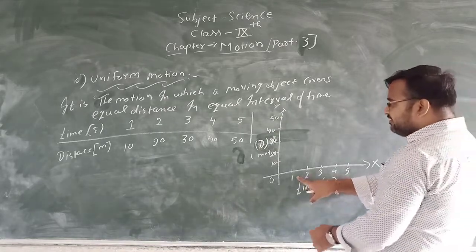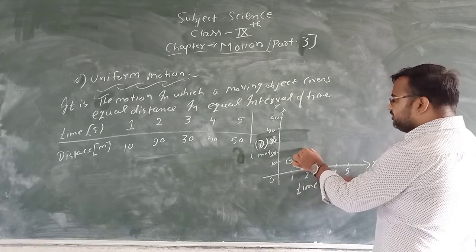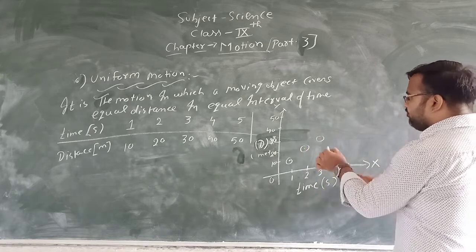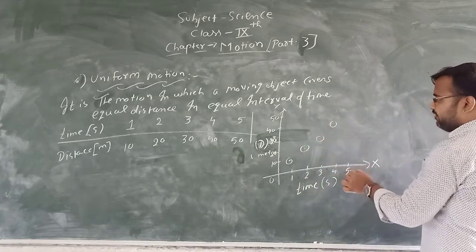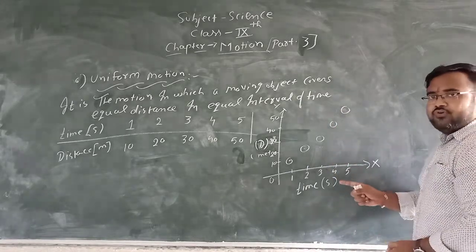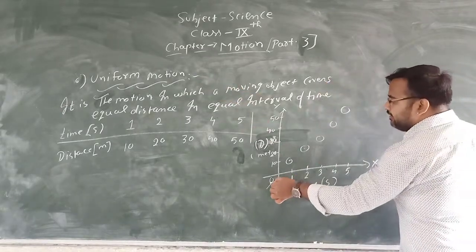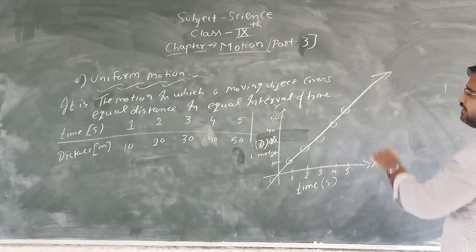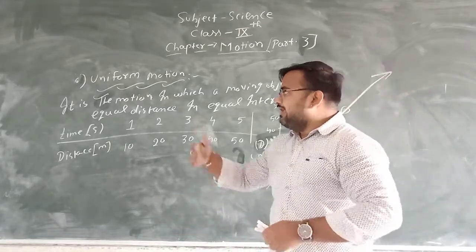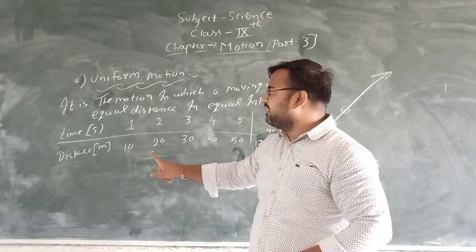Now, first second 10 meter, second 20 meter, third second 30 meter, fourth second 40 meter, straight line graph. Clear?